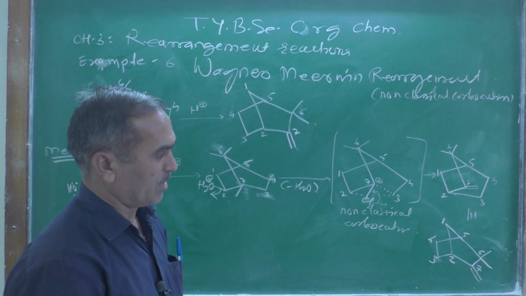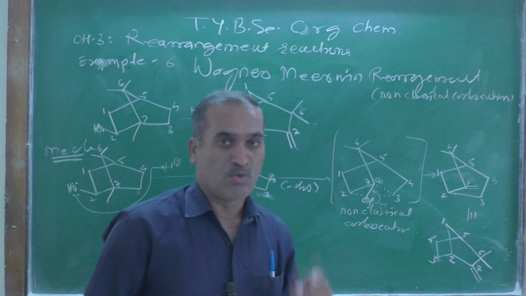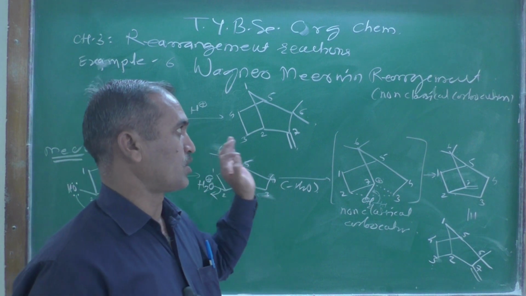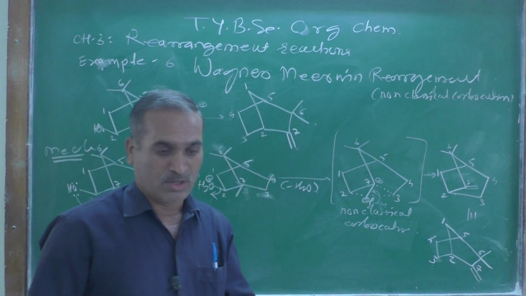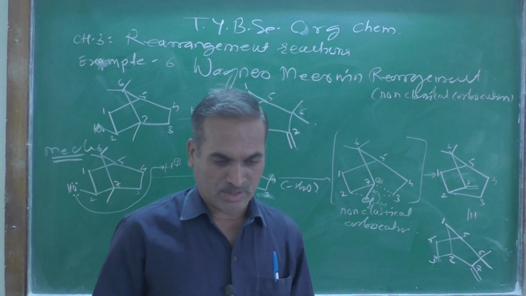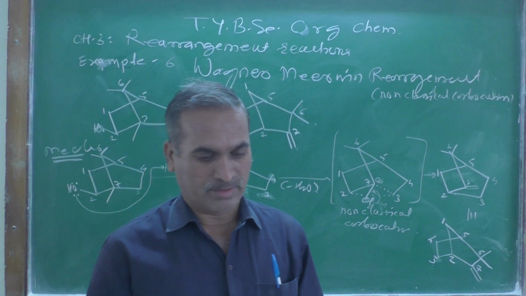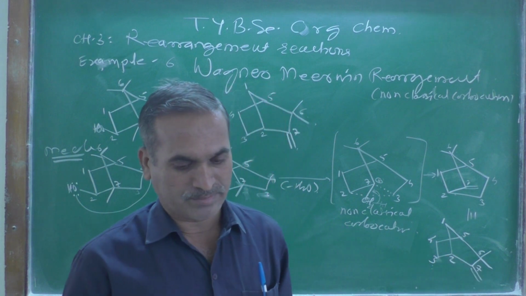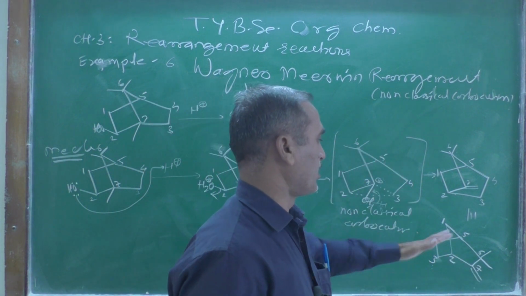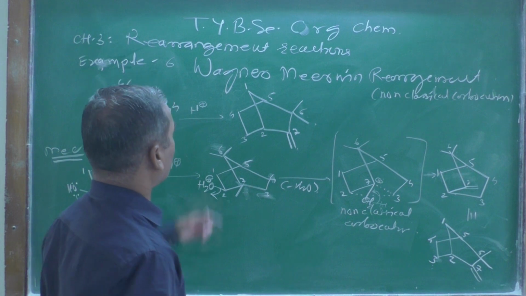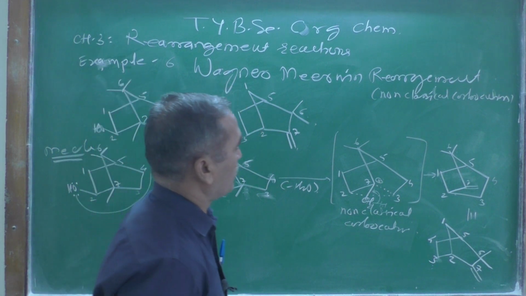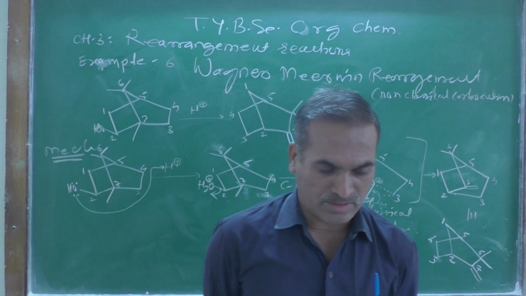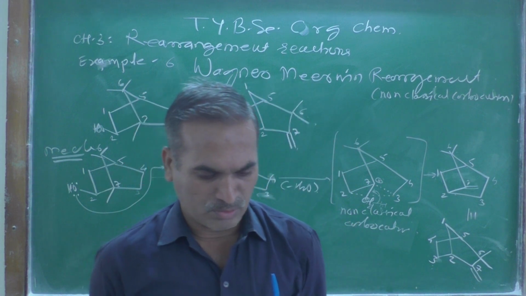So this is a numbering system you must remember while predicting the product. This is a non-classical carbocation, so it is very, very important from the exam point of view, so that you can give the numbering system. This is known as a Wagner-Meerwein rearrangement reaction. This is one of the examples over here.